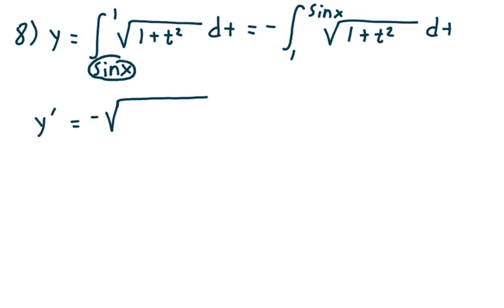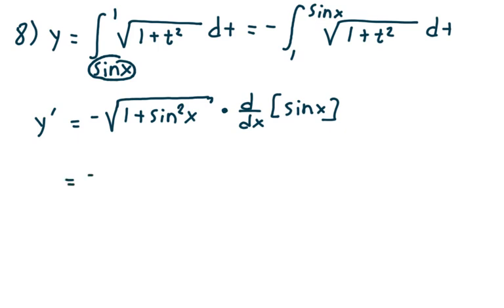So this is negative the square root of 1 plus sine squared x. But by the chain rule, I'm going to multiply by the derivative of sine of x with respect to x.